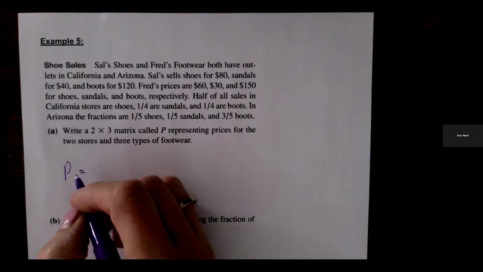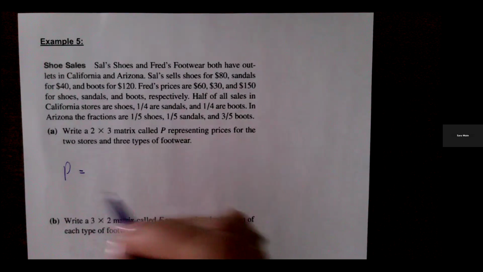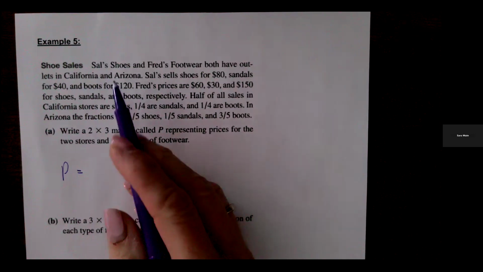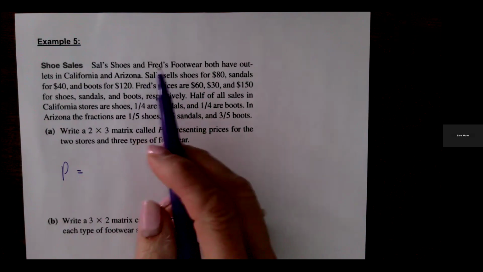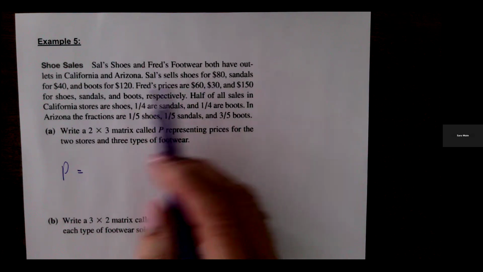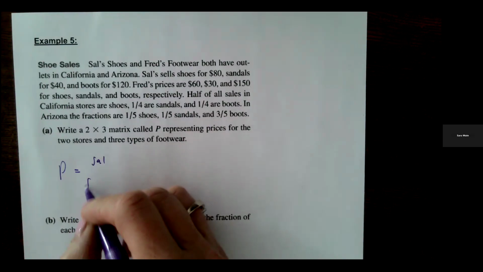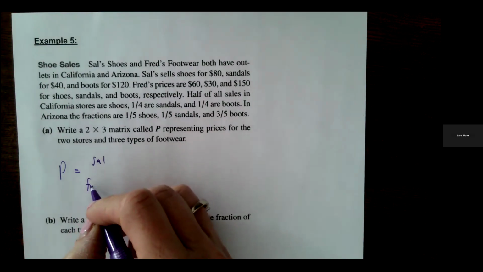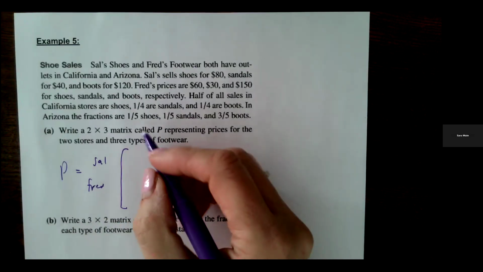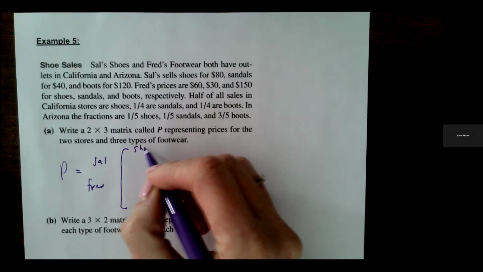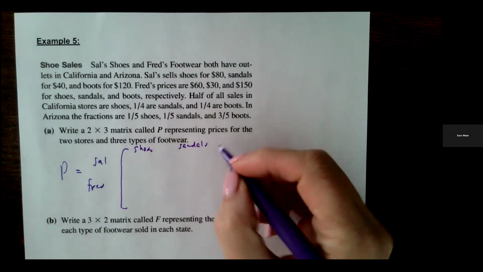So P is going to be a 2x3. The rows will be Sal's and Fred's, and the columns will be shoes, sandals, and boots.